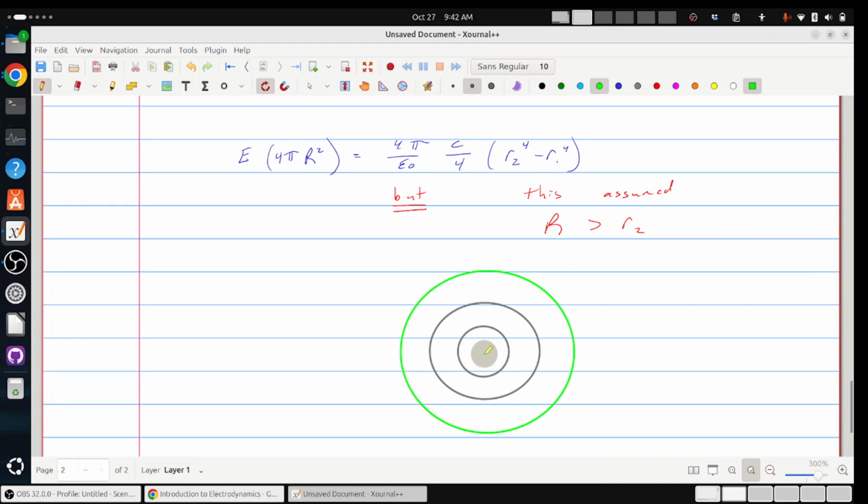So what I'm saying here is, if my R is larger than R2, then I enclose that entire thick shell, and that's the amount of charge.